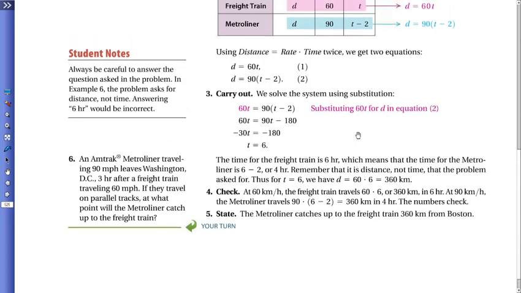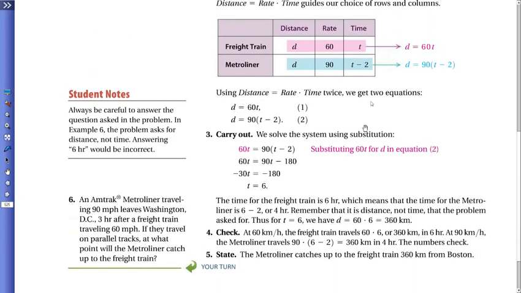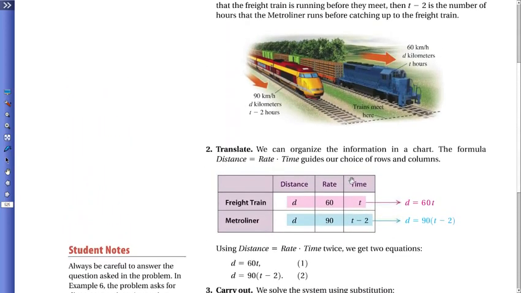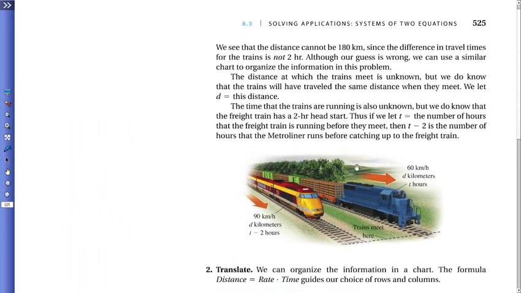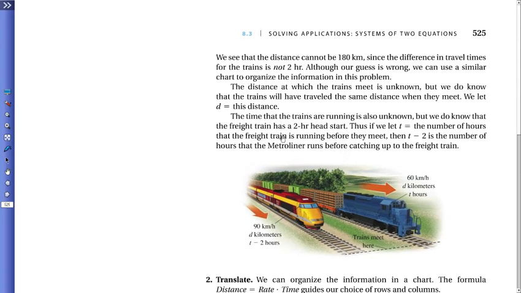Now they could have asked the question other ways too. The question could have said, how long from the time the freight train left did it take for the Metroliner to catch it?